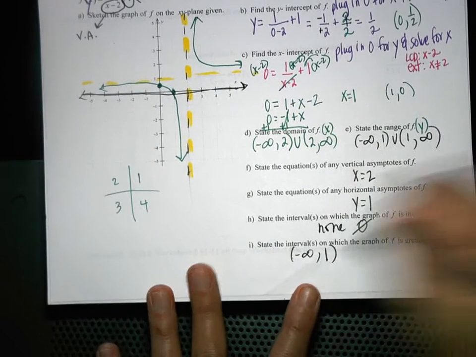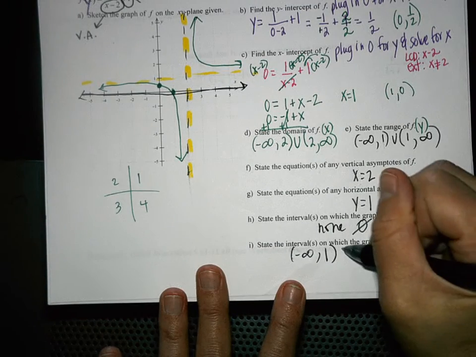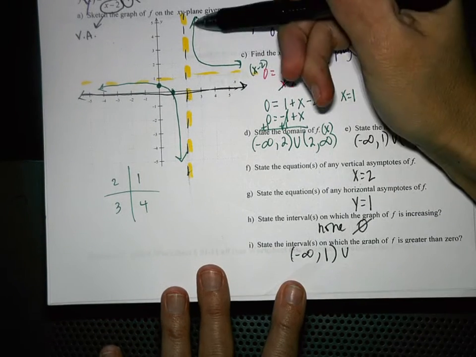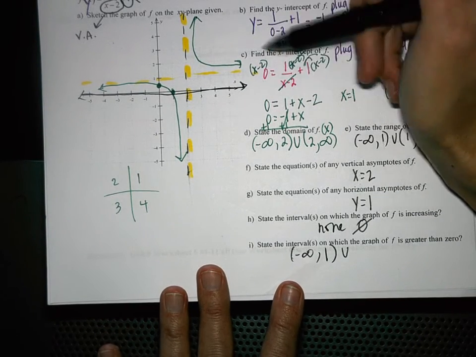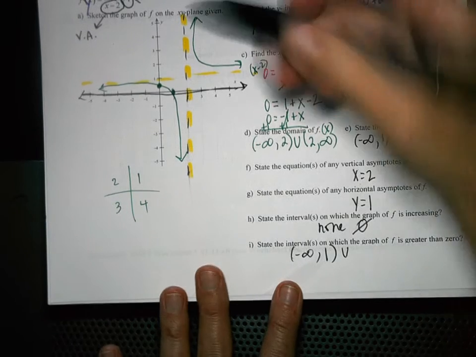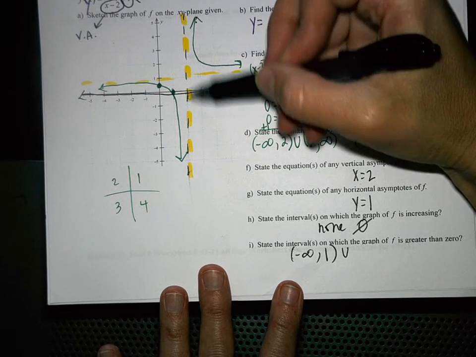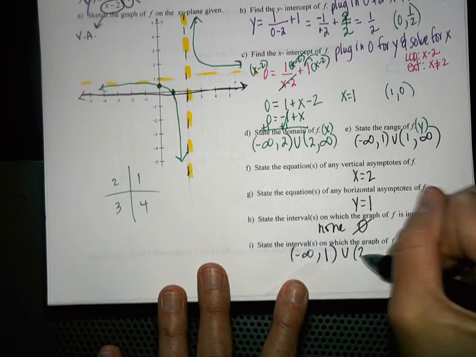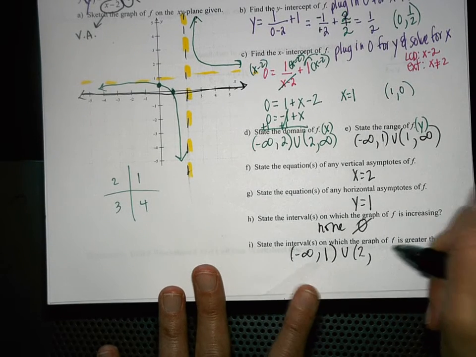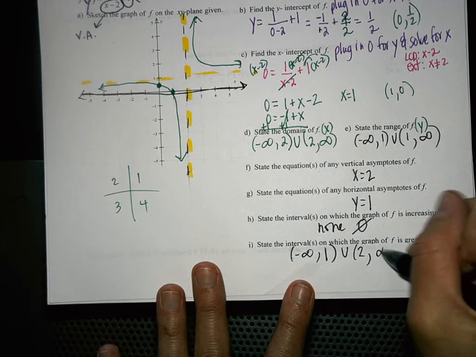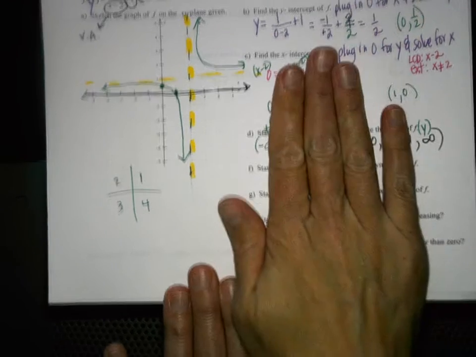And you use a parenthesis. And then it's a union. Do you see how this whole one is above 0? So where does this start at? 2, all the way till infinity. Okay, so Matt, what's the answer?